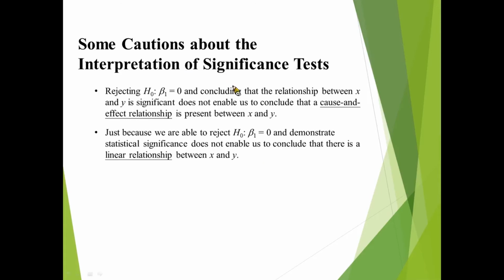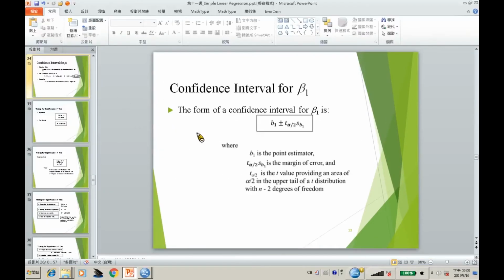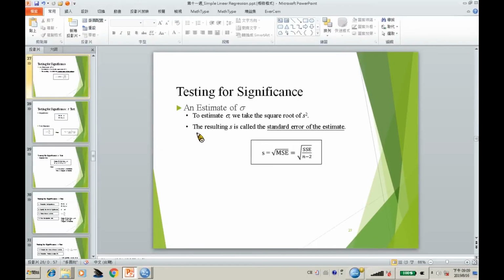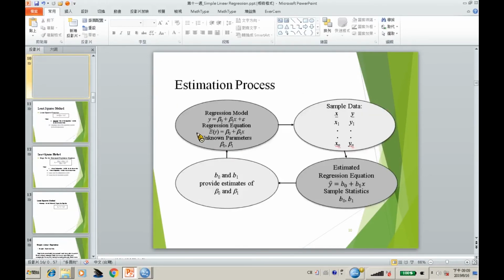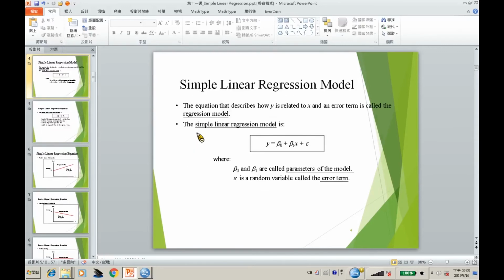Okay, so some caution about the interpretation of significance tests. Reject H0, beta 1 equals 0, and conclude that the relationship between X and Y is significant. Okay, but this doesn't enable us to conclude that a cause and effect relation is present between X and Y, because you can see the formula for beta 1 in the regression.